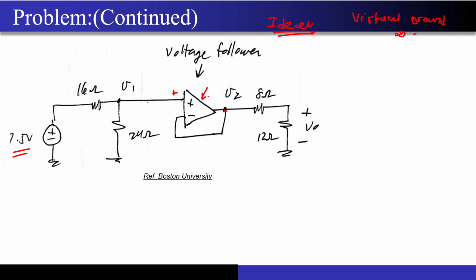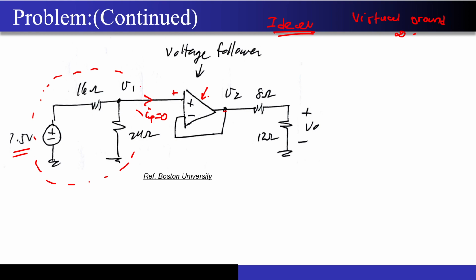Now just one question to you guys: what will be the current going into this node? Zero? Should ideally be zero. Good, because input terminals will have infinite impedance for an ideal op-amp. So if this terminal is open, this block just became like a resistor divider for me.